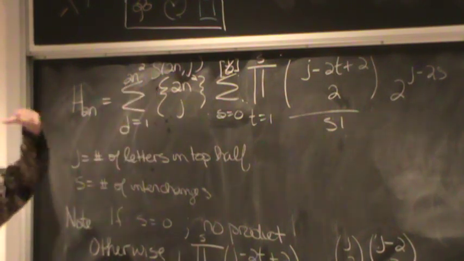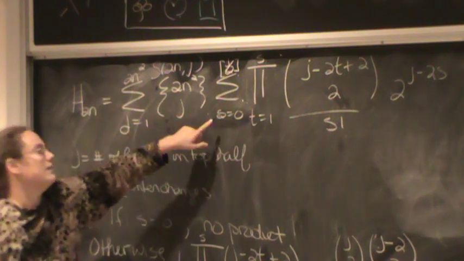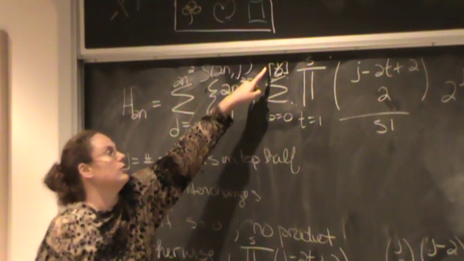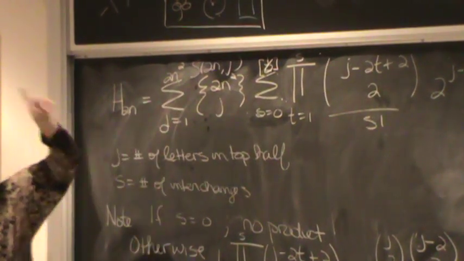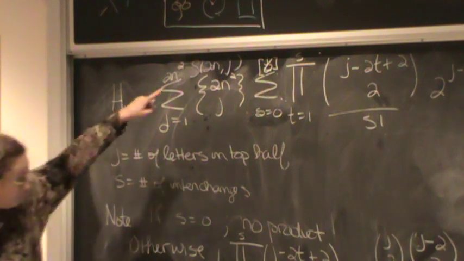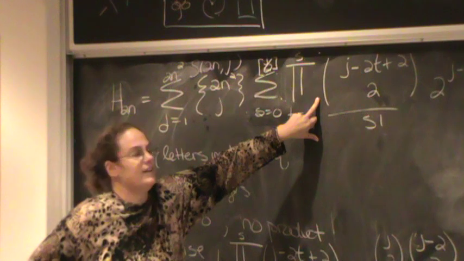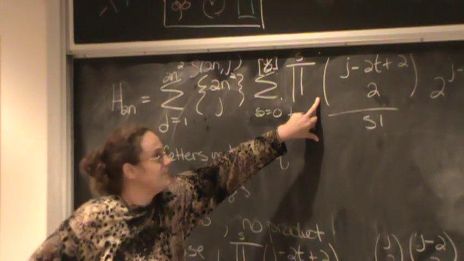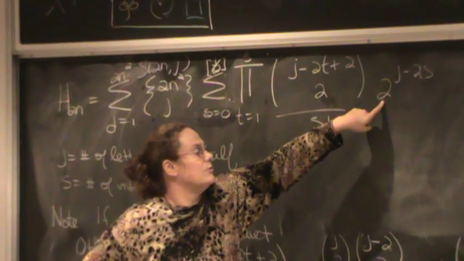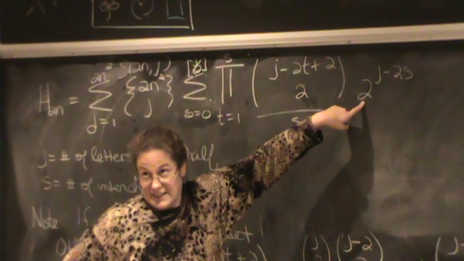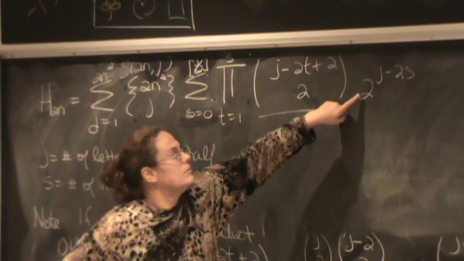Okay. So that's basically how many ways you can fill the top. Then you look at the letters in the top, and you want to count how many ways you can form interchange pairs. And so you can have no interchanges all the way up to the floor of j choose 2. Now I don't write the floor traditionally, some people don't have that top, but this is the floor. And then you can count the interchanges using this product, which we'll explain in a minute. And then the letters that I haven't interchanged either go to a new letter, like A goes to X, or A goes to A, itself.